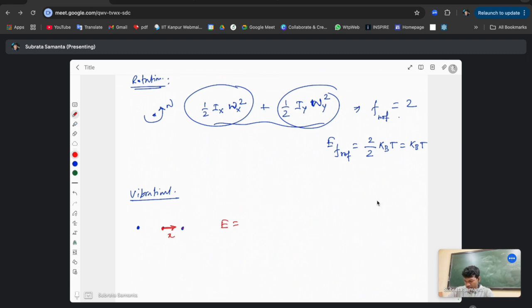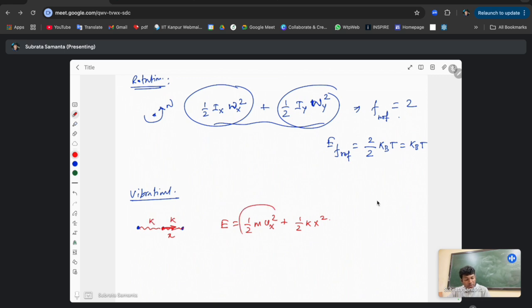So this is basically half m Vx square, but in this case, since they vibrate, let's say they are connected through a spring, so there is a potential, right? That is also, let's say, half k x square.